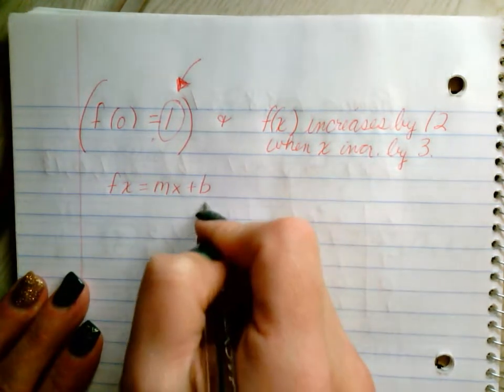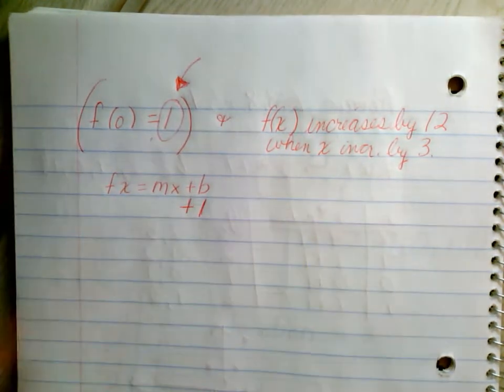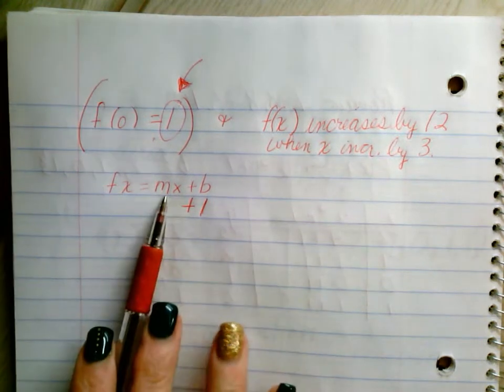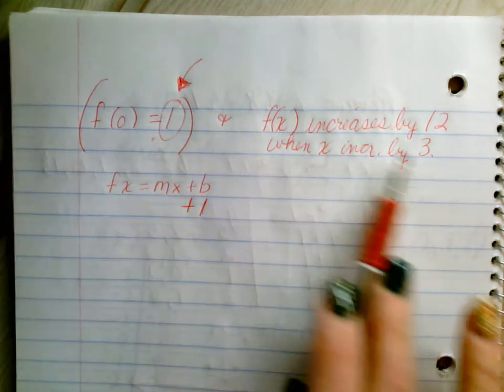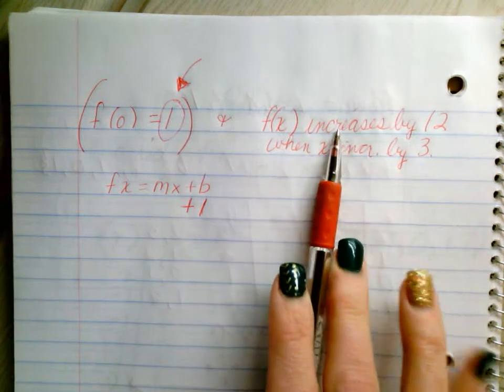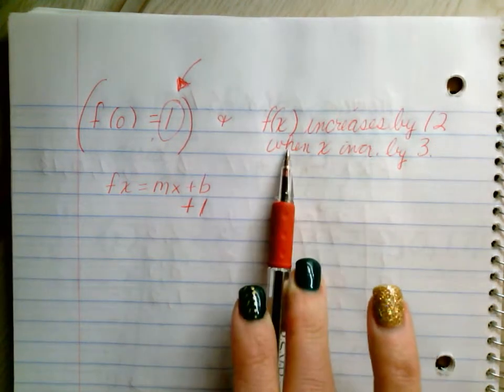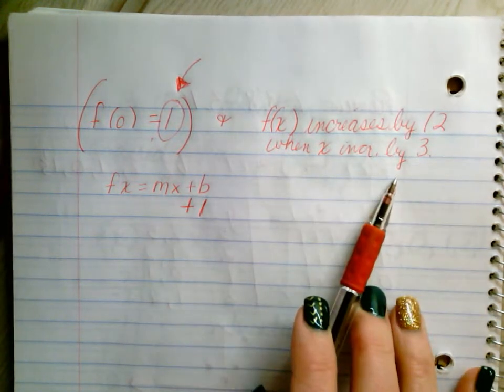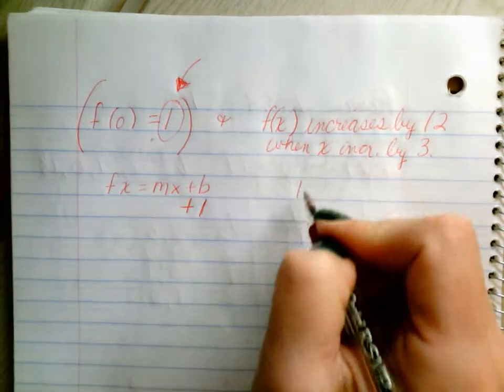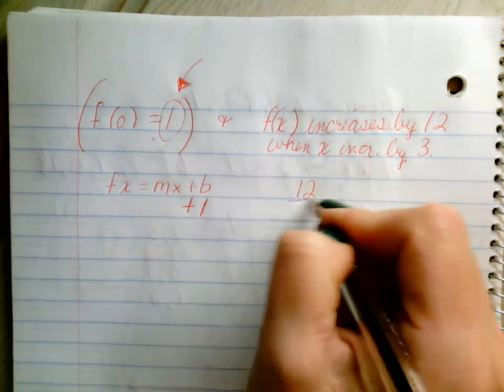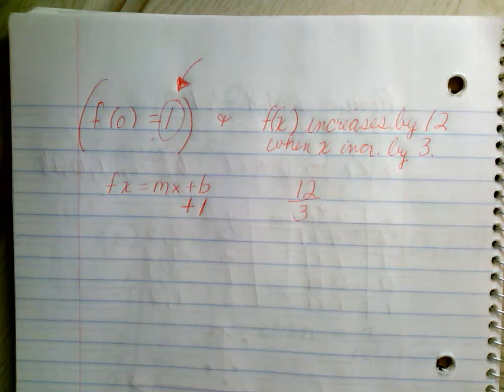There's my y-intercept. So I have my b. Okay? I would like to find my slope. Over here I've got the output goes up by 12 when the input goes up by 3. So the output changes by 12 when the input changes by 3. That's your slope. That's telling you how much stuff changes.